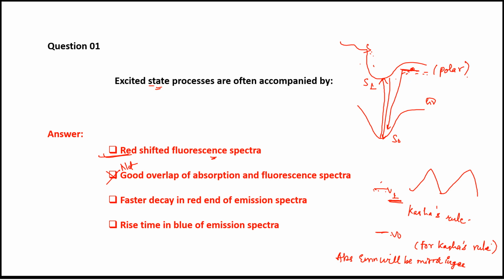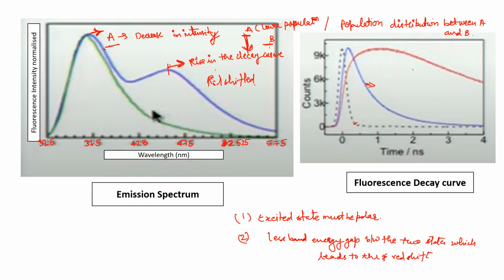Since it lies at a lower energy, it will be the red shifted one. Thus, because of the polar nature, you will observe two peaks in the emission, which can be seen like this. So this indicates that the excited state is a polar one, and there is another process associated with the fluorescence emission.